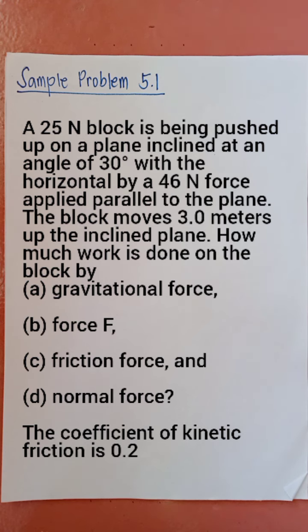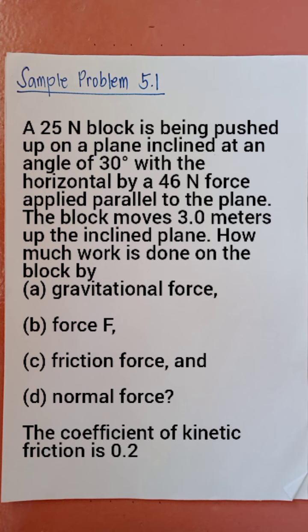The block moves 3 meters up the inclined plane. Now, how much work is done on the block by first, A, gravitational force, B, force F, C, friction force, and D, the last one, normal force. So these are 4 different forces that act on the block.